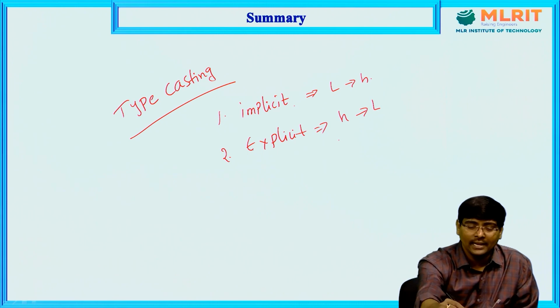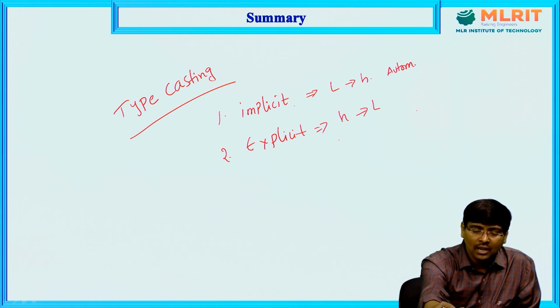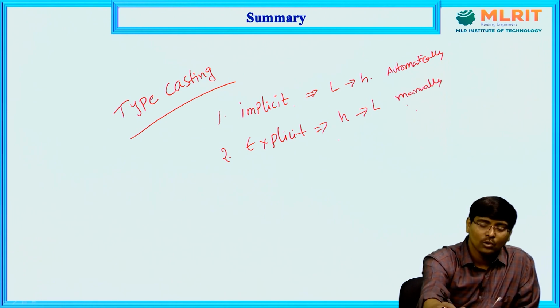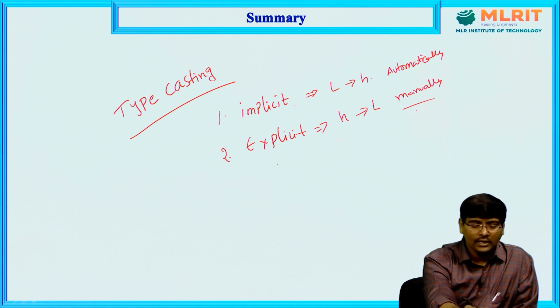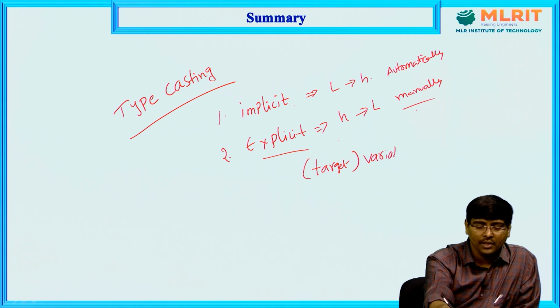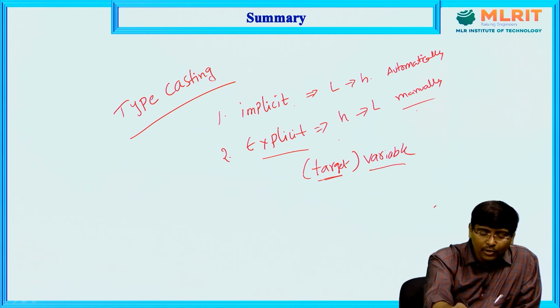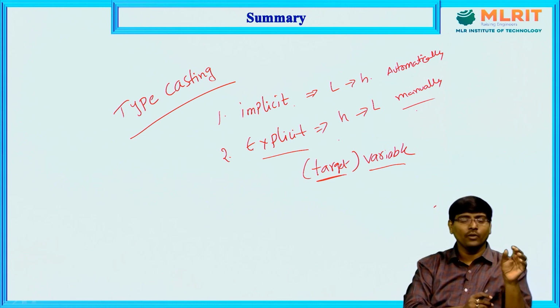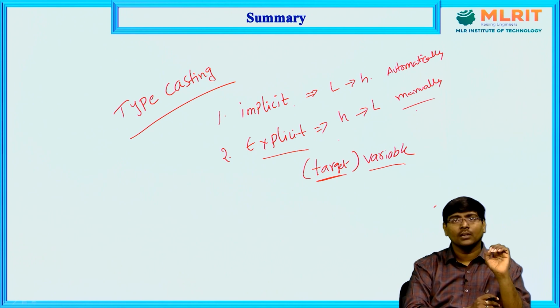Implicit is done internally and automatically. Explicit is done manually; the user has to write the statement. What is the syntax of explicit? Target data type in parentheses followed by the variable. This variable is converted into this data type. Okay, this is the concept of typecasting. Thank you very much.